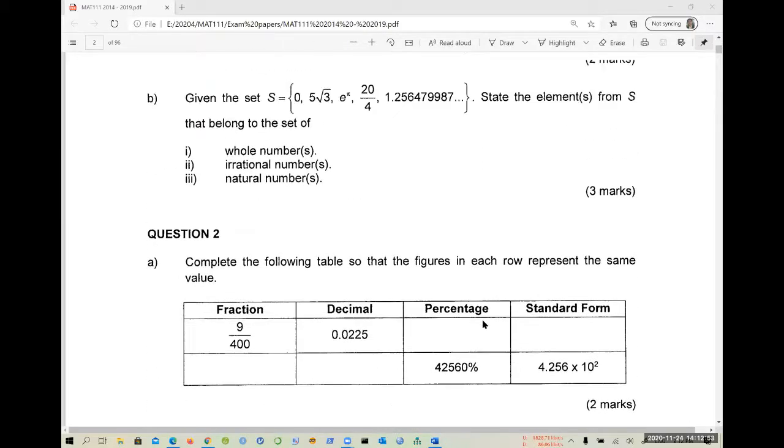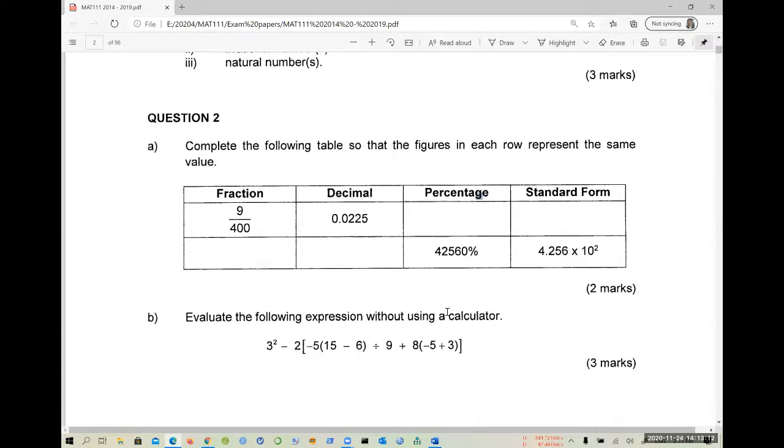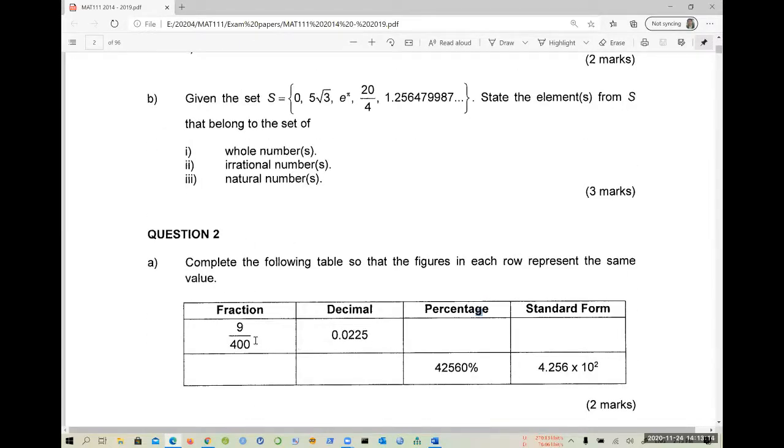Okay, and then the second part will be the fraction, decimal, percentage, and standard form, right? So in this case, you can use your calculator to perform this task. So you can just look at your calculator and try to figure out how to get the values for the percentage and standard form.